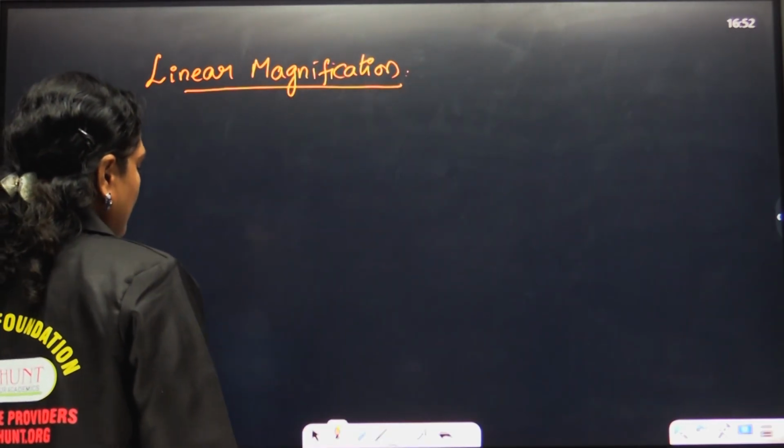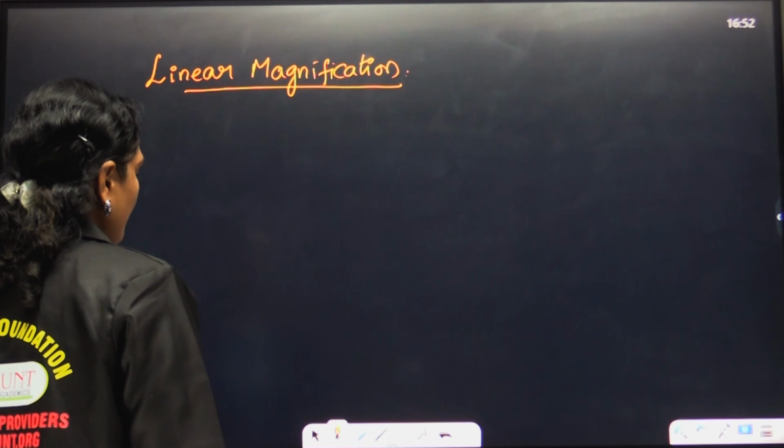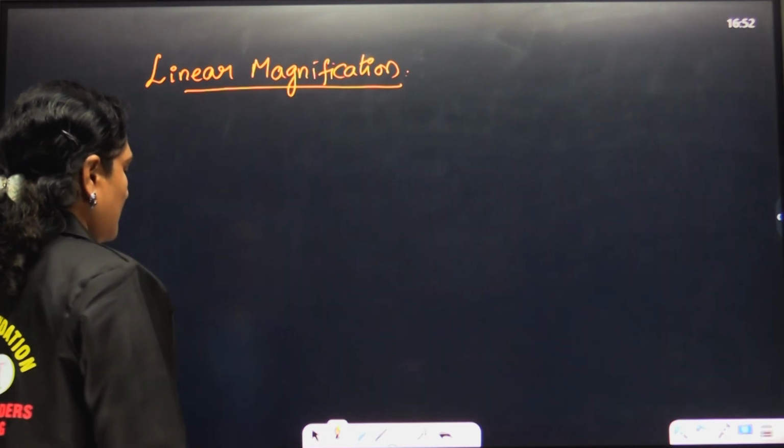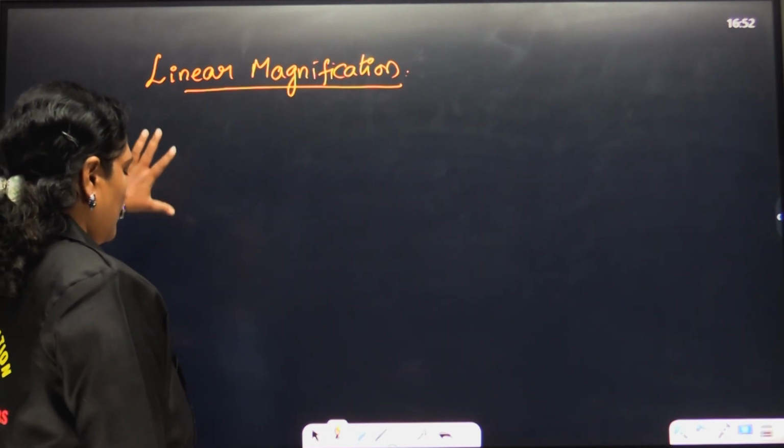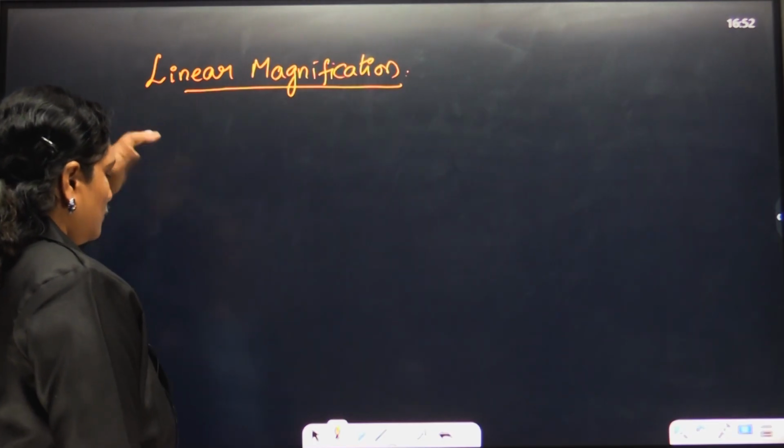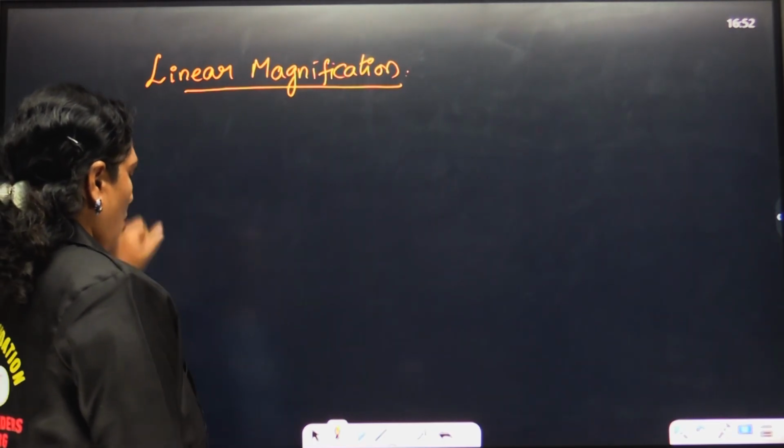Generally indicated with the letter M. So, how is it defined? It is defined as the ratio of the size of the image to the size of the object.